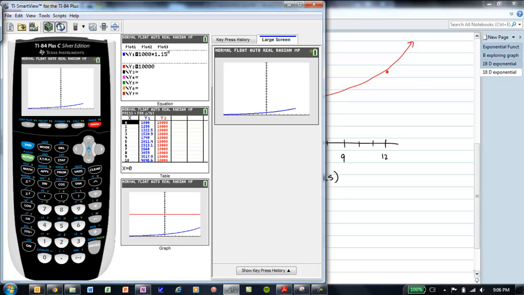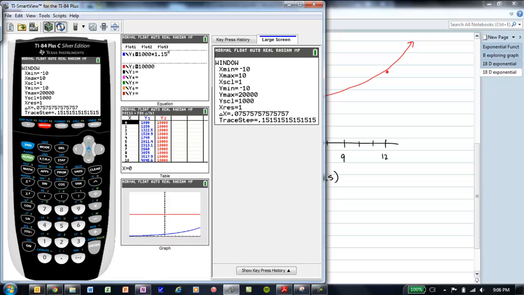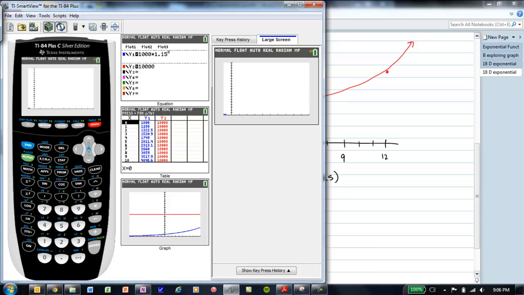So it's graphing slowly. You'll notice we're off the screen. So let's set our window again. This time we want our X max to be bigger, so let's make that 100. And let's count by tens. And we'll graph again. There it is.